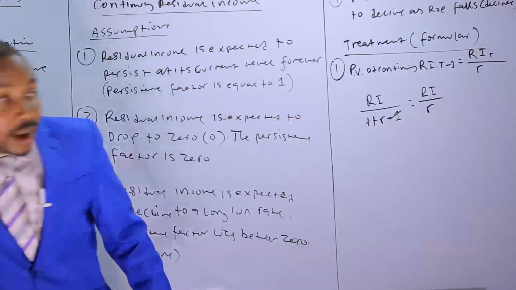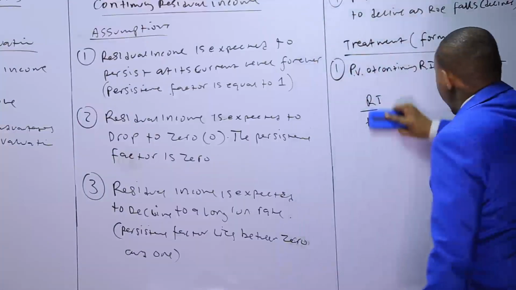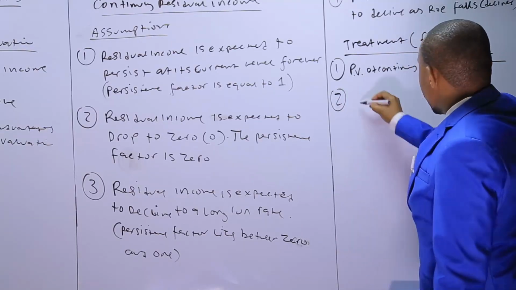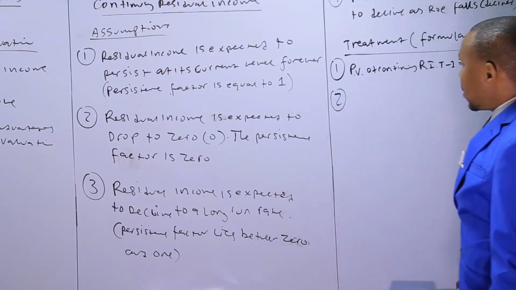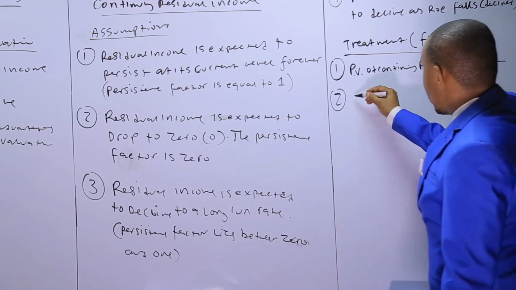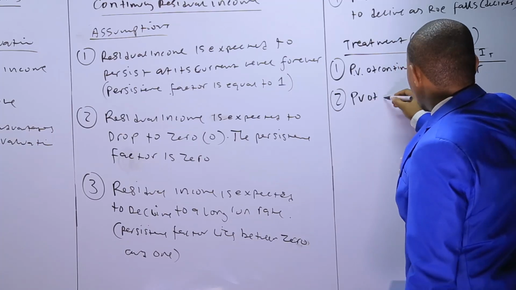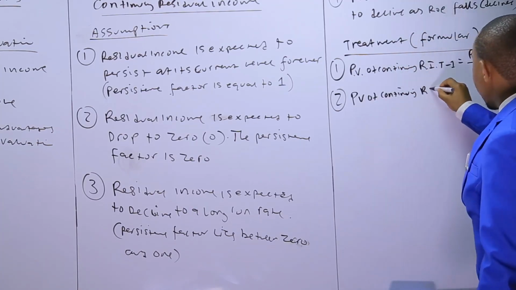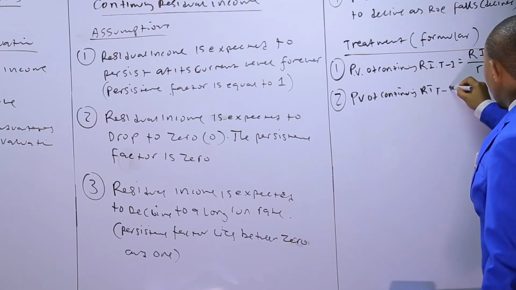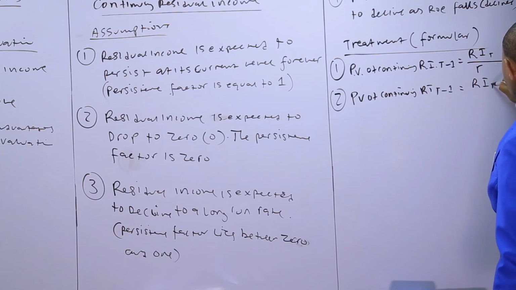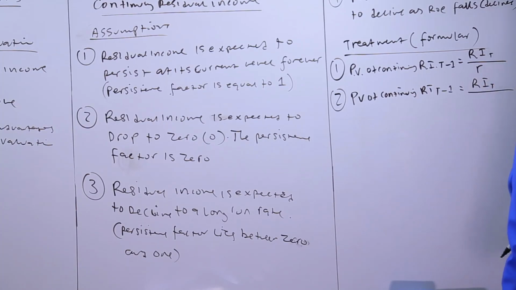If I can wrap up, now we move on to the second treatment based on the second assumption. We're saying that the residual income is expected to drop to 0. The persistence factor in this case is 0. So the present value of continuing RI at time t minus 1 is given as the residual income at time t discounted against 1 plus r.